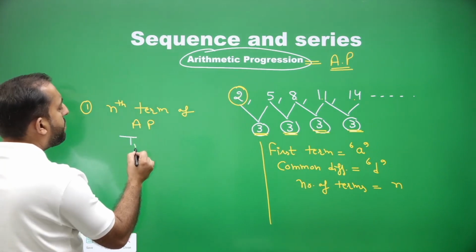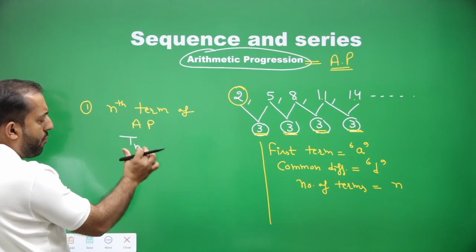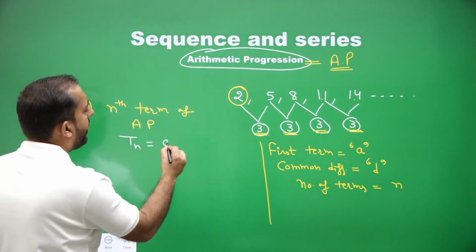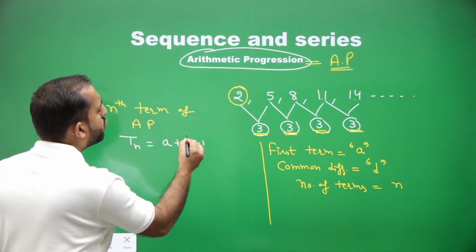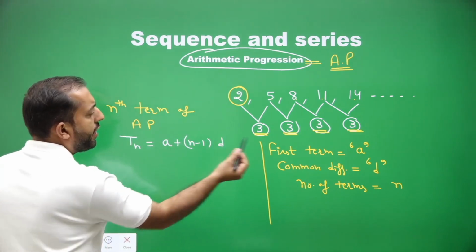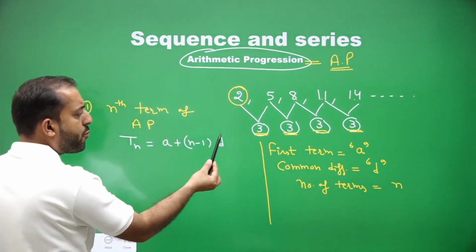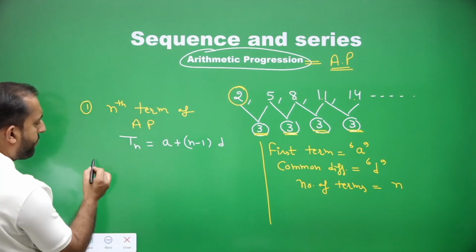We represent the nth term with the help of Tn. It is given by A plus (n minus 1) into D, where A is the first term of the progression, n is the number of terms in the progression, and D is the common difference.